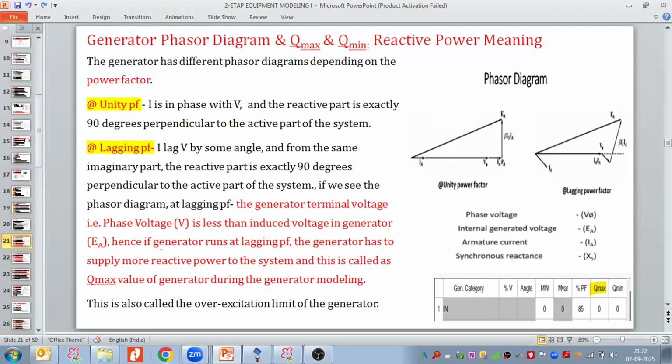Hence, if the generator operates at lagging power factor, the generator has to supply more reactive power to the system, and this is called the Qmax value of the generator during generator modeling, the maximum reactive power. They supply it in order to maintain the terminal voltage, since the generator terminal voltage is less.